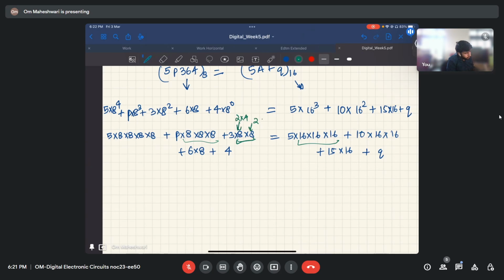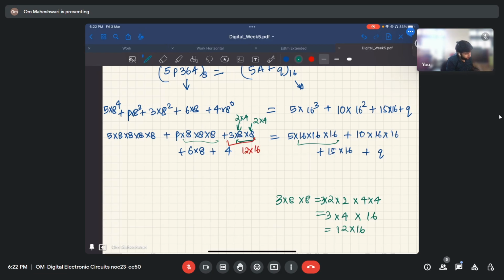So how can I rewrite 3 into 8 as 3 into 2 into 4? It is 3 into 4 into 16, which is 12 into 16. So I'll rewrite it as 12 into 16.